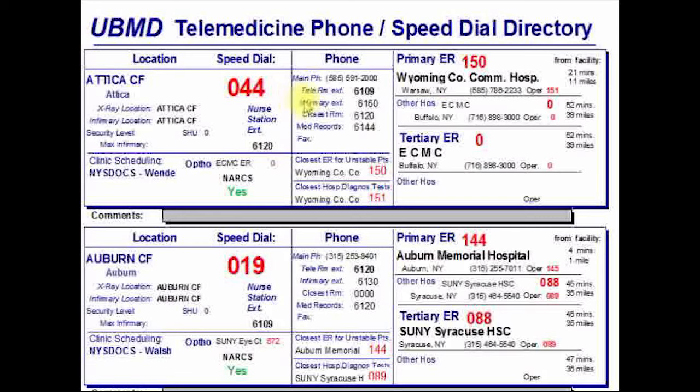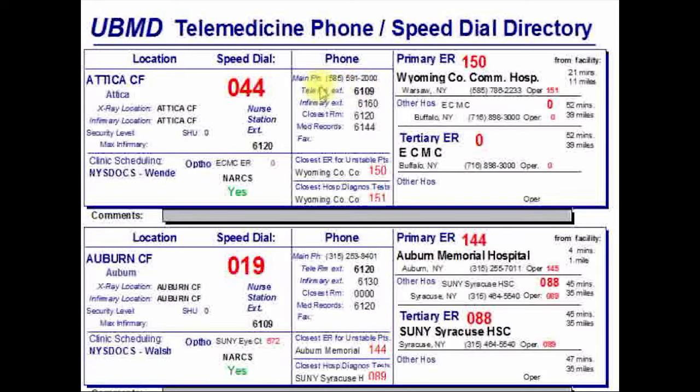Once you do that, then the speed control button will be available up near the display at the top. It'll be abbreviated SPD CTL. Once you press that button, then you just put in your 3-digit code here, and that'll tell the machine that you want to dial this number. So it saves you a little bit of time from dialing these big long numbers.